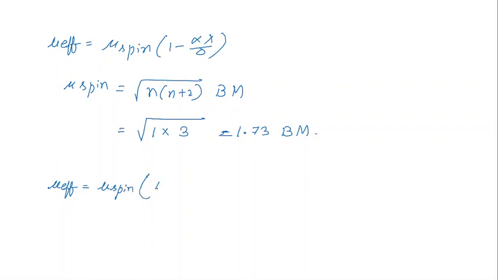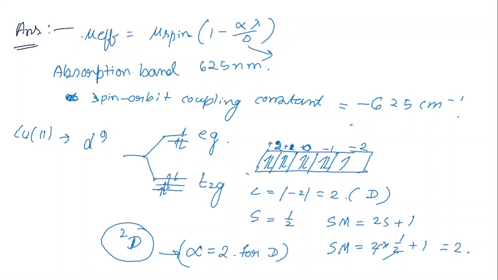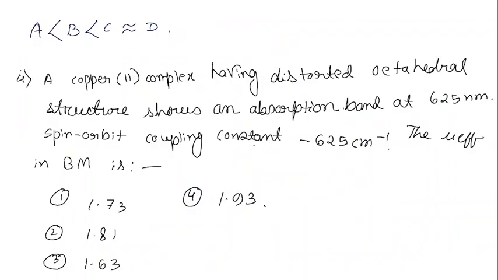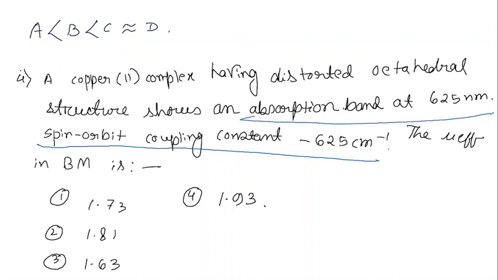Now I will put the values one by one. Here alpha equals 2, and lambda is minus 625 centimeter inverse. This is the spin orbit coupling constant value. The question already provided the spin orbit coupling constant and the absorption band, but the absorption band was given in nanometer. Why does it have to be in the same unit?